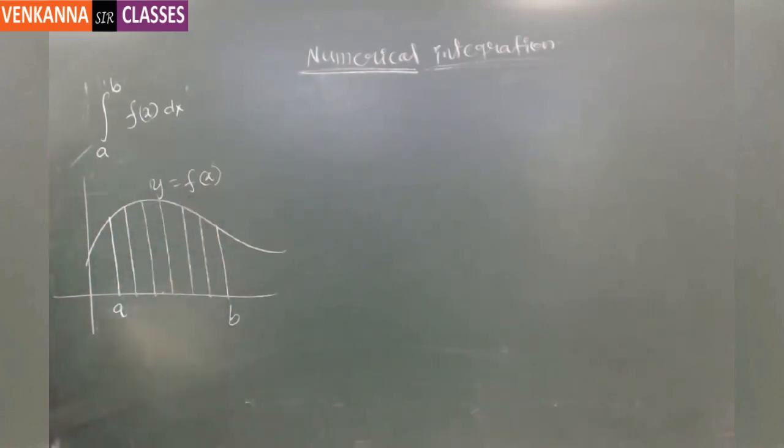So these are the data points. Now we start with x0, and this is h, this is h, this is h, and this is h. So I have divided into equal intervals like this.